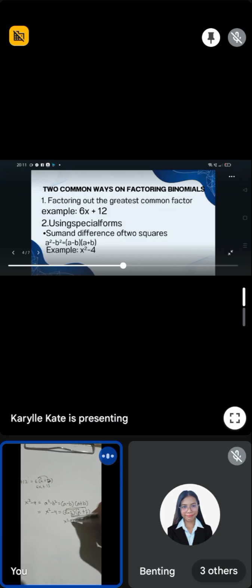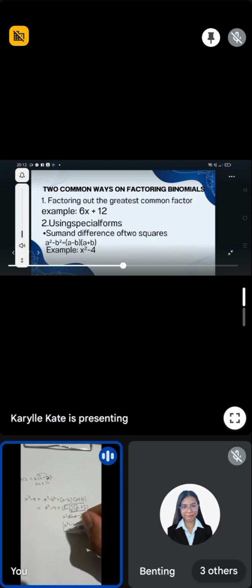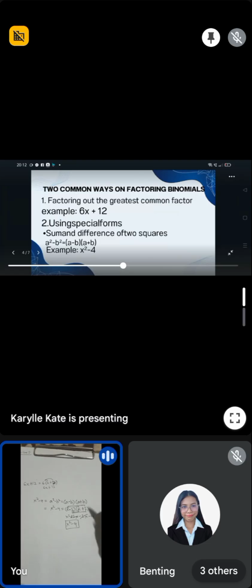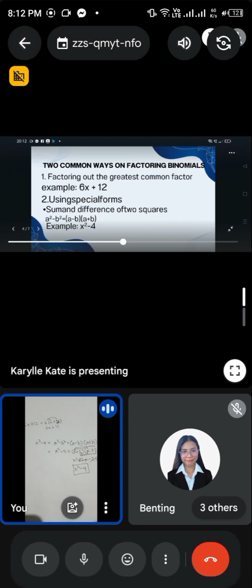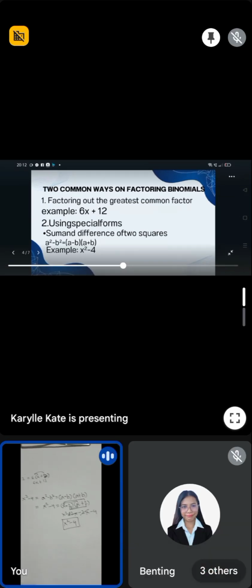So the positive 2x and minus 2x cancel out, since the result of this will be 0. So this is equal to x squared minus 4. So we go back to our original expression. This is the way to factor a binomial using sum and difference of two squares.